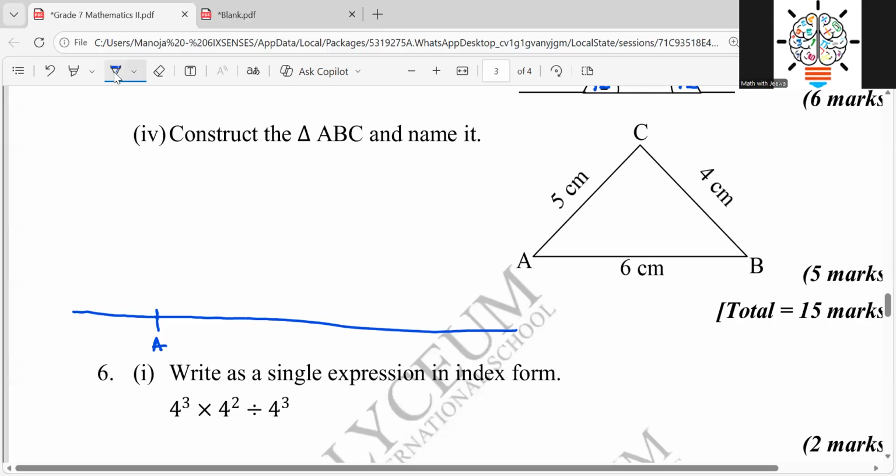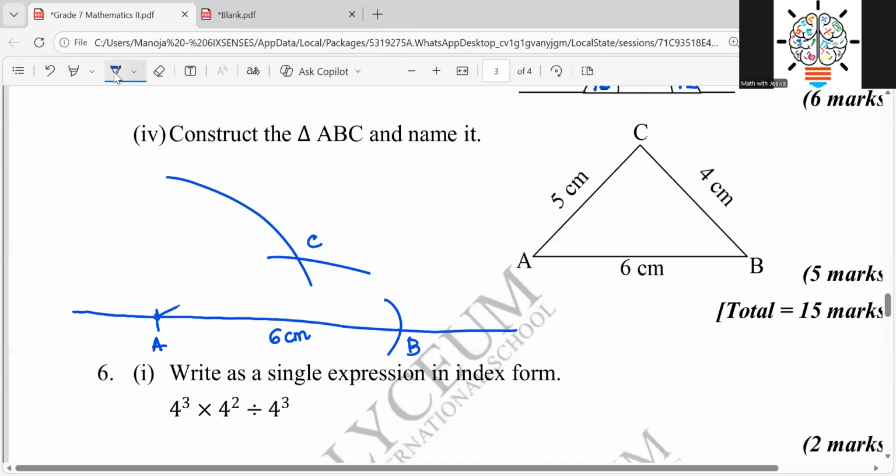Now you keep one point here and you draw the arc. This is B and 6 centimeters. Then you change your compass and again you measure 5 centimeters from A. You draw another arc. Then again you change the compass and you measure 4 centimeters. Now you go to B and you draw the other arc. This is the C point.